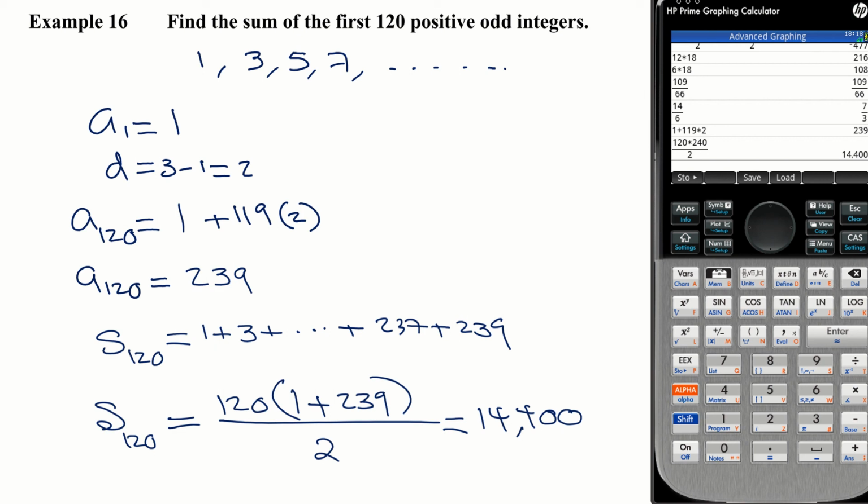So that's the sum of the first 120 positive odd integers, or you could say natural odd integers, and odd natural numbers is what I mean. So the first 120 odd natural numbers, or odd positive integers. All right, that's how you would do that one.